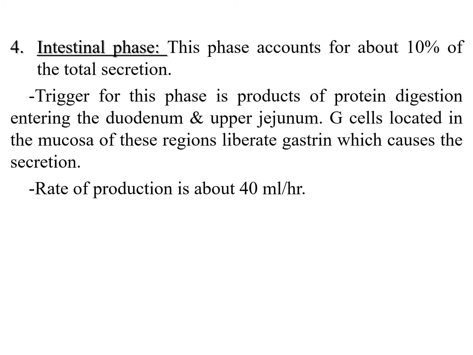The rate of production of the acid peptic juice is much lesser compared to the gastric phase than in the intestinal phase. It is about 40 milliliter per hour.